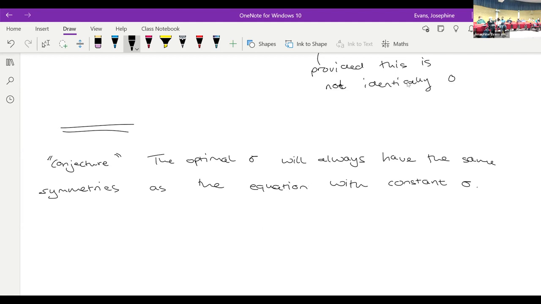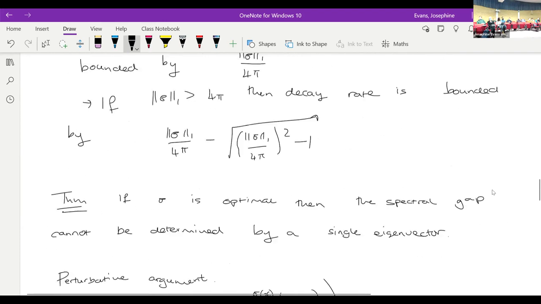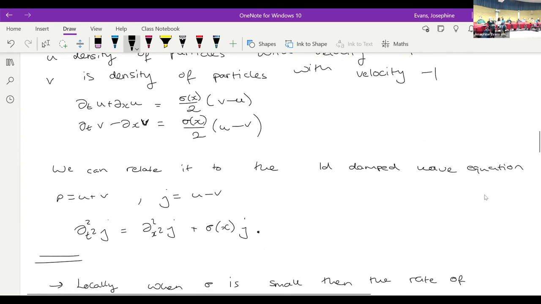Can I ask a totally naive question? Can you explain this connection to the damped wave equation again? Yes, sorry, I went through this a bit quick. You rewrite it in u plus v and u minus v, and then you can compute that dt rho is equal to minus dx j, dt j is equal to minus dx rho plus sigma j.